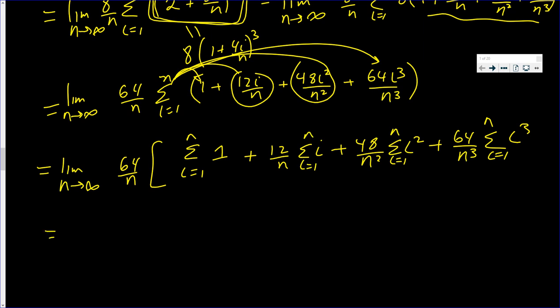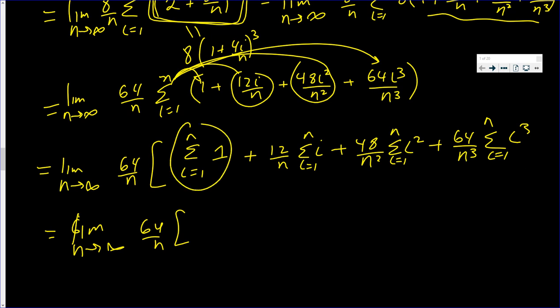Okay, so this is the limit as n goes to infinity of 64 over n. The summation of a constant n times is just n times the constant. n times 1 is n, plus 12 over n times that.